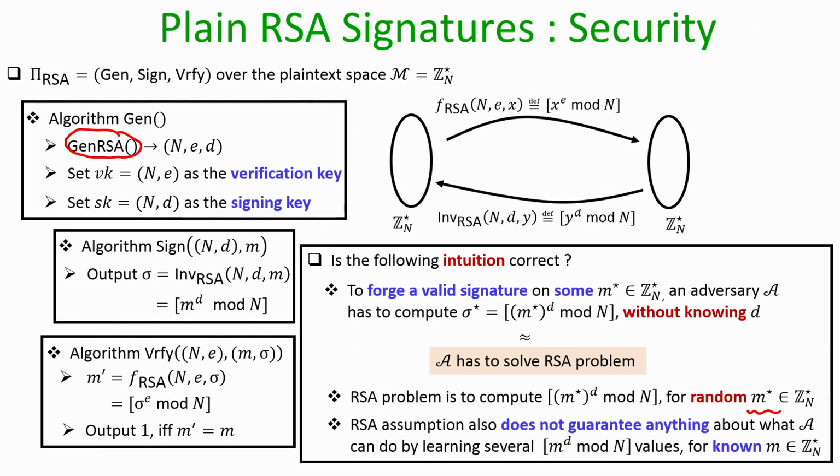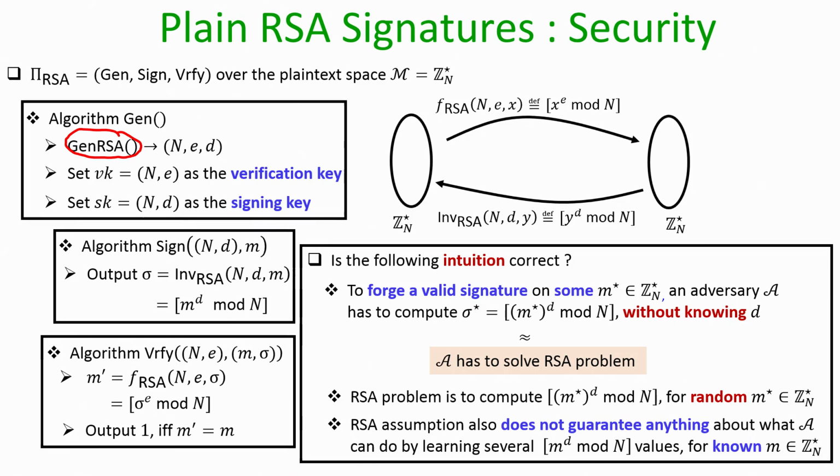The second problem in this intuitive argument is that the RSA assumption does not guarantee anything about the possibility of an adversary computing m star raised to the power d modulo n, given that the adversary might have seen the value of m to the power d modulo n for several m of its choice.